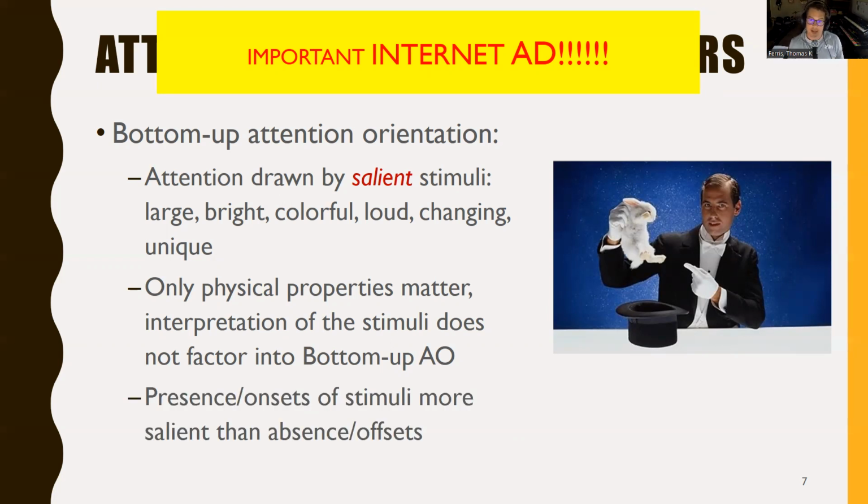An interesting note is that when things are present, or when they become present, at onset, so they turn on, that is more salient, that's a more attention-orienting effect than when those things disappear or turn off. So even though the visual scene might change, if I add something or if I subtract something, it has a stronger influence when we add something.